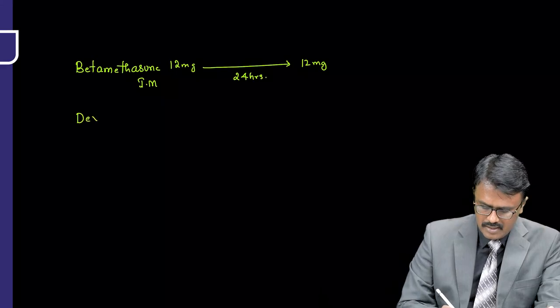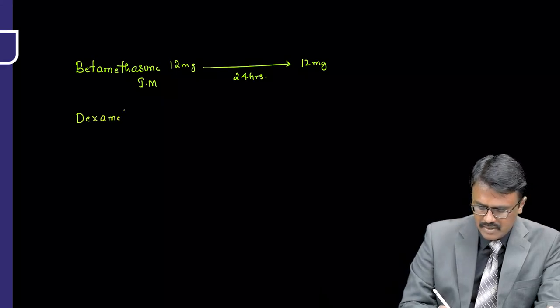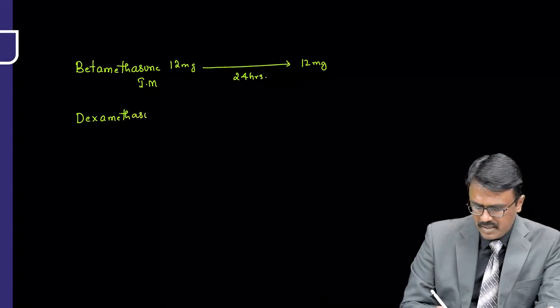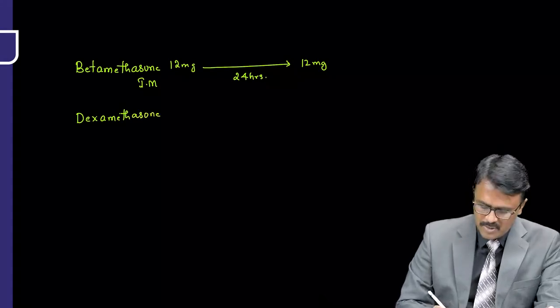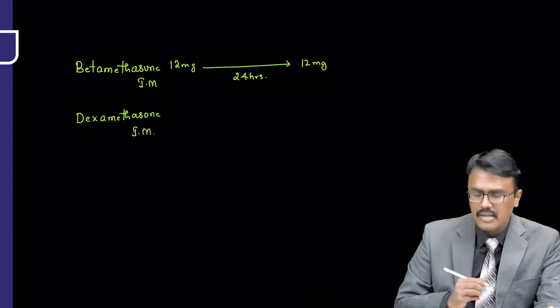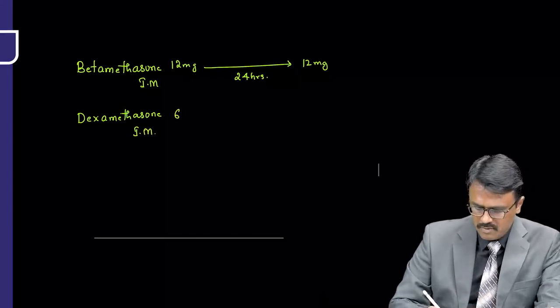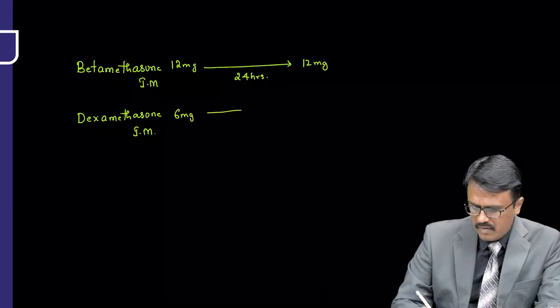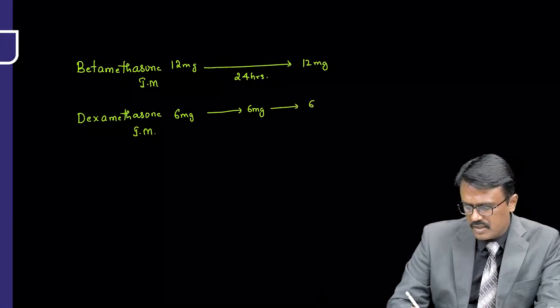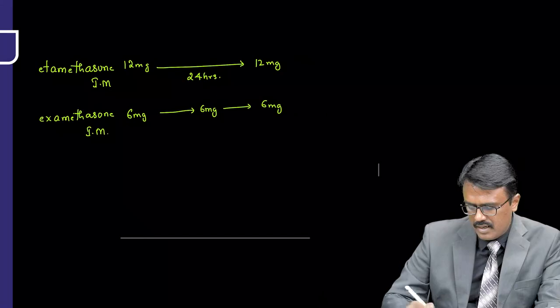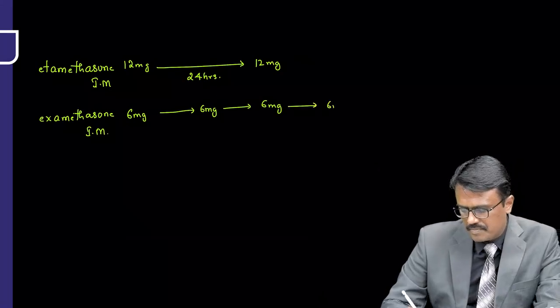Another drug is dexamethasone. It is also given IM. But here, how do we give it? 6 milligram, again 6 milligram, again 6 milligram, again 6 milligram.